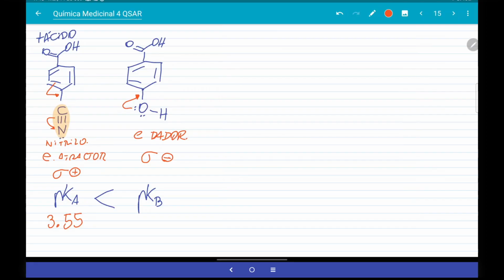The position for hydroxyl is therefore 4.48. Then it makes sense, of course, because having an electron attractor we have that the acid is increased.